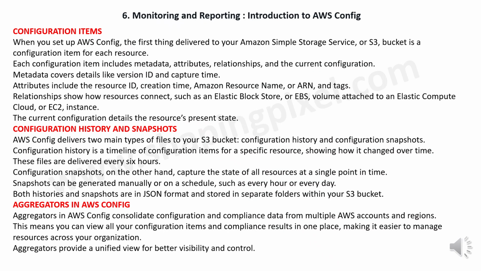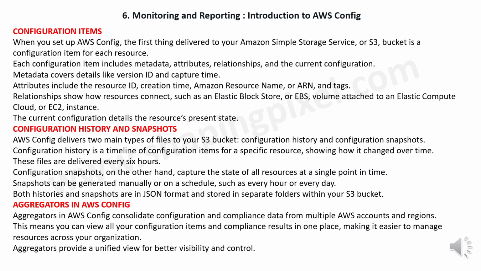When you set up AWS Config, the first thing delivered to your Amazon Simple Storage Service, or S3, bucket is a configuration item for each resource. Each configuration item includes metadata, attributes, relationships, and the current configuration. Metadata covers details like version ID and capture time.